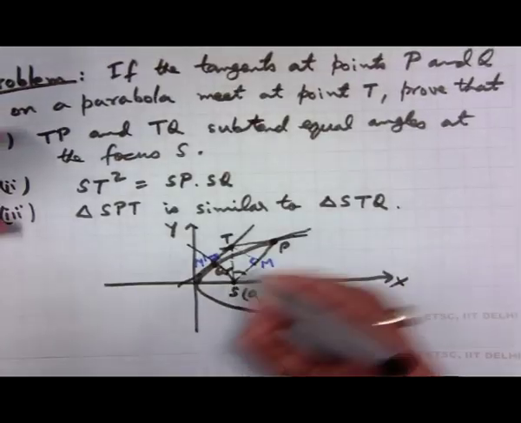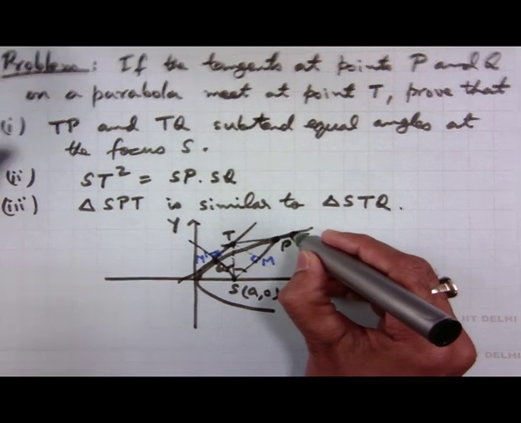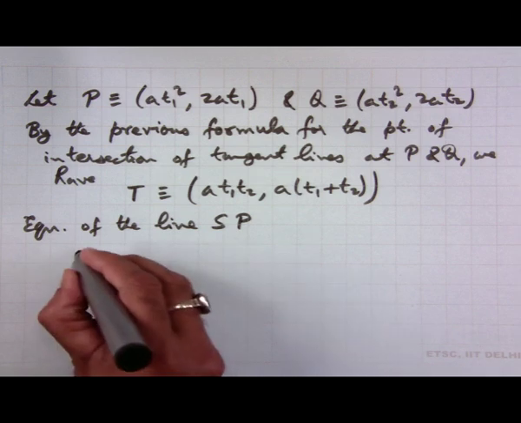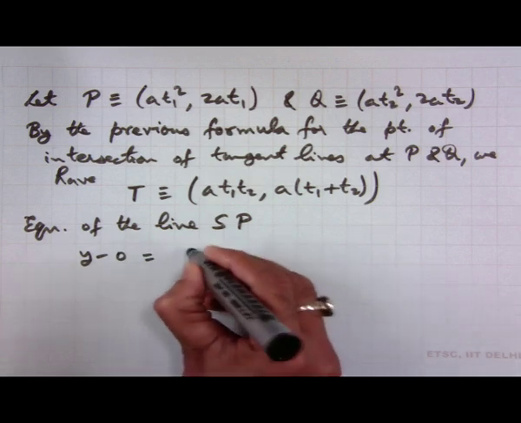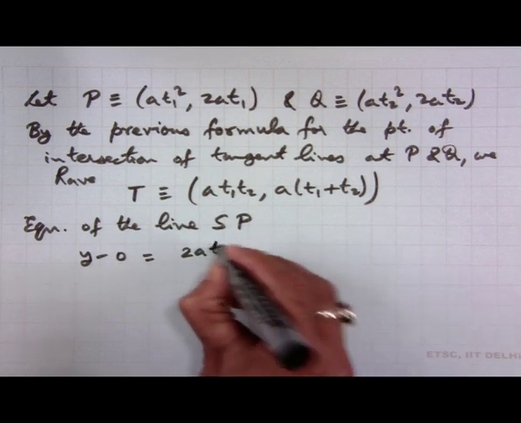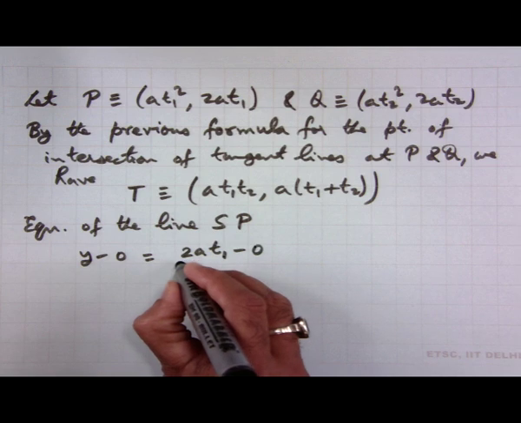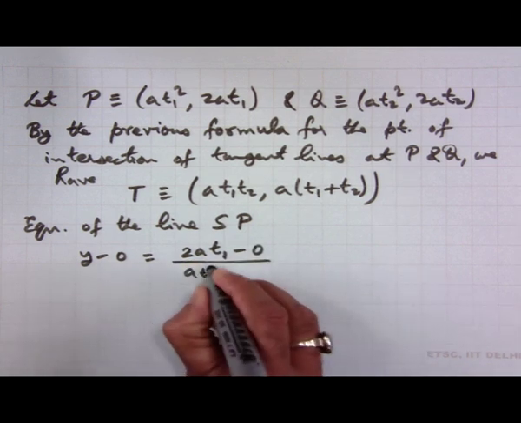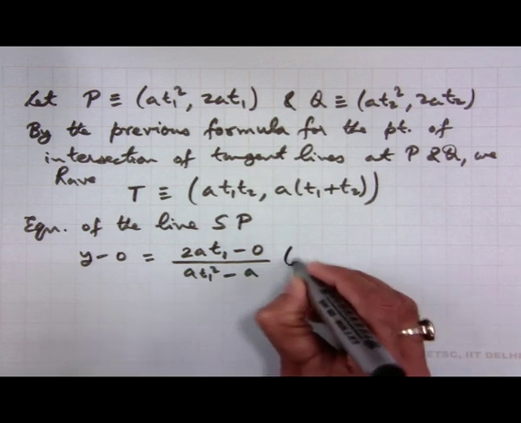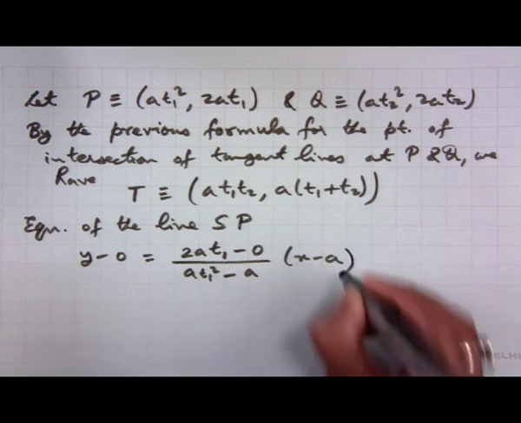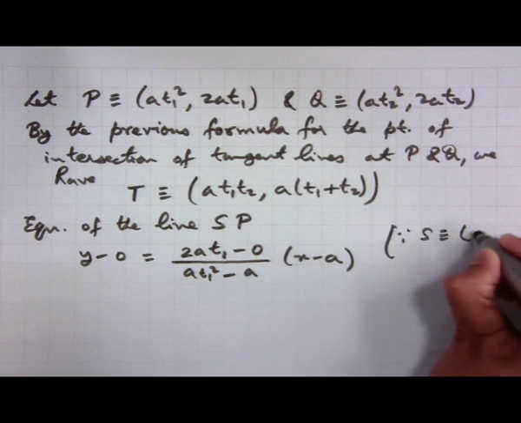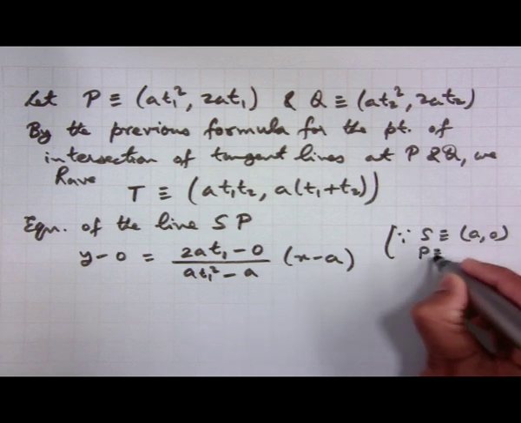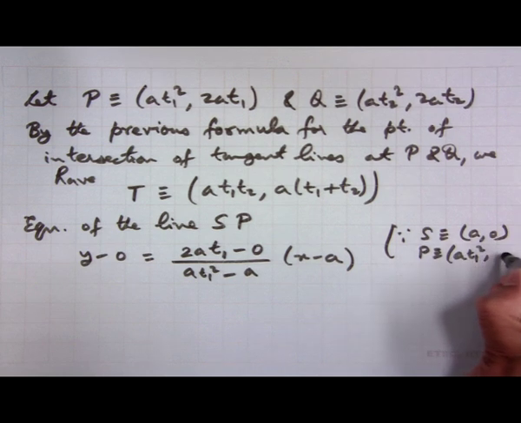So, the line joining the focus to this point P, what is the equation of this line? y minus 0 equals slope, (2a t1 minus 0) divided by (a t1 square minus a), times (x minus a), because S is the point (a, 0) and P is the point (a t1 square, 2a t1).